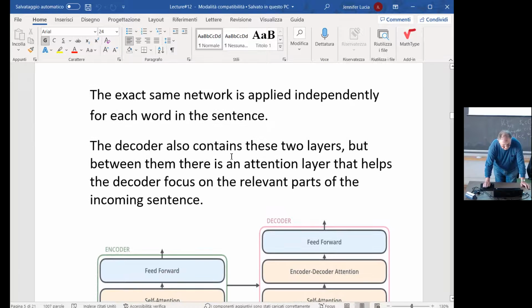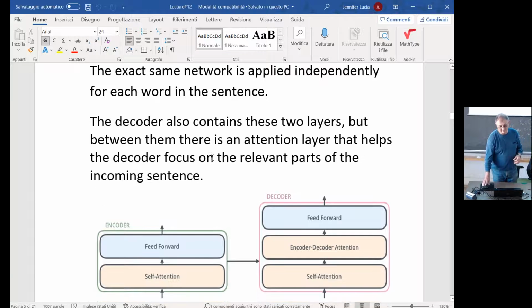The exact same network is applied independently to each word in the sentence. So we have the input of several words, and we elaborate for each word.